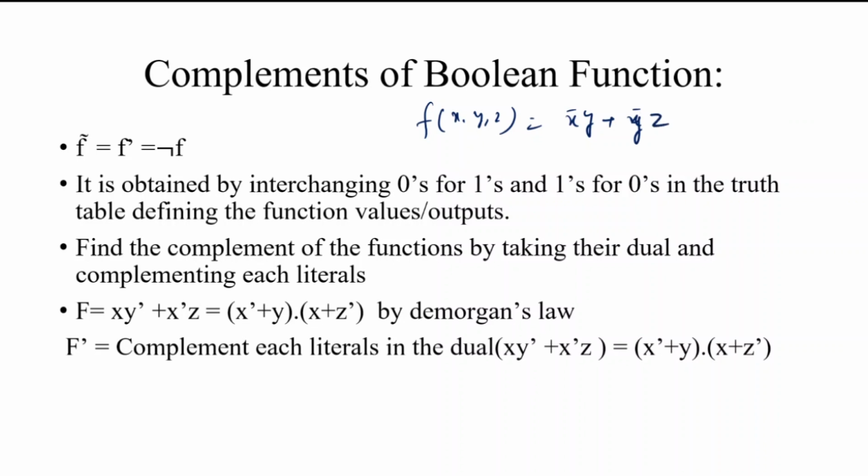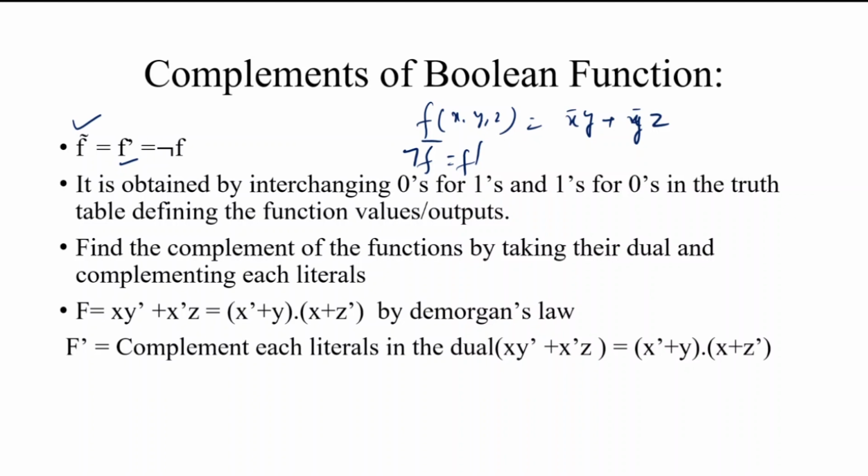Suppose this is the Boolean function. Then to find its complement, it is denoted as either f dash or not of f. This is also written as not of f, which means we first find f and then we apply a not operator on f. This means the output is in the complemented form.